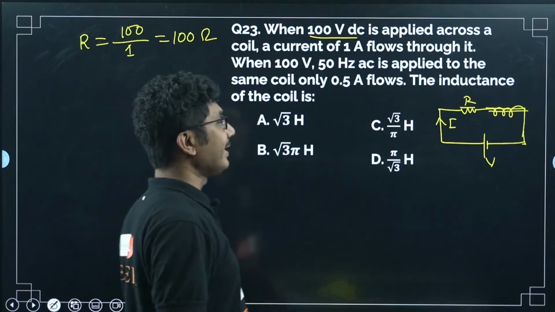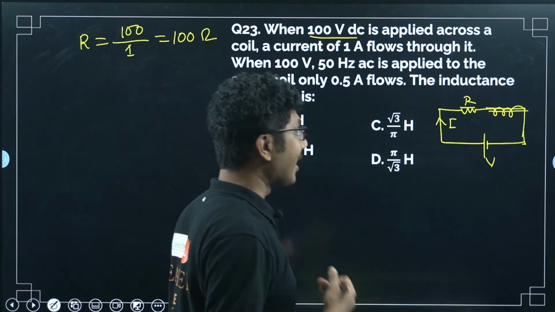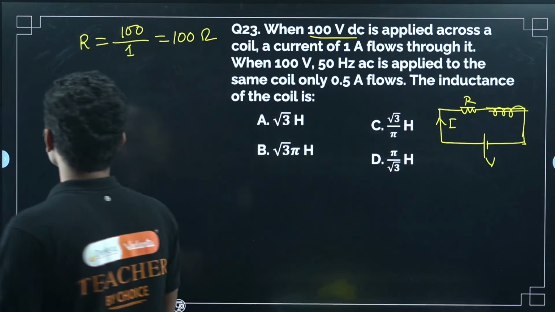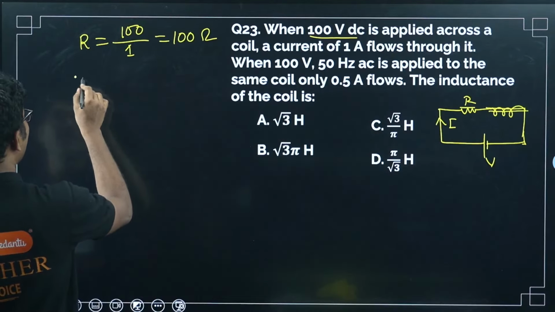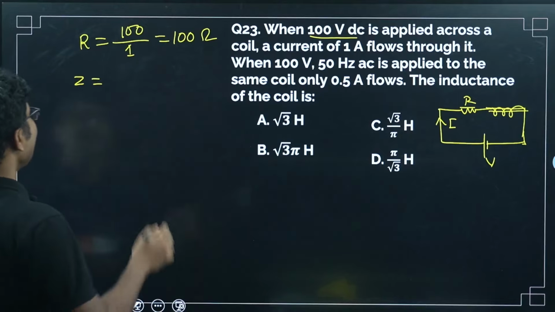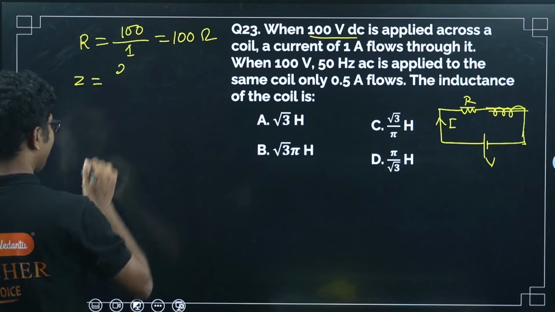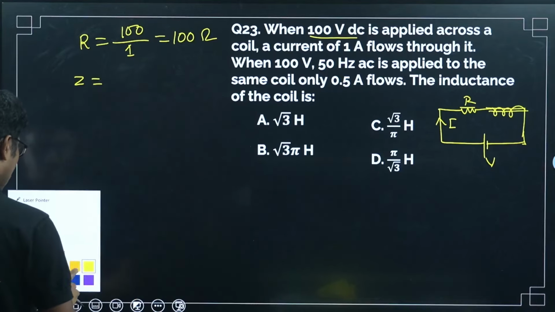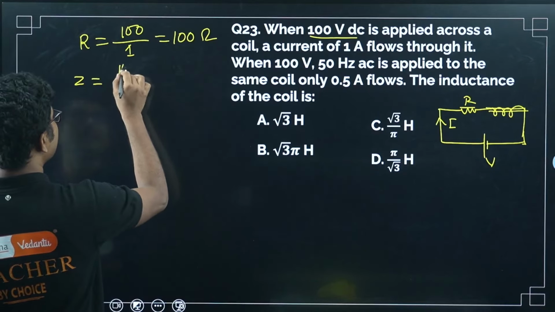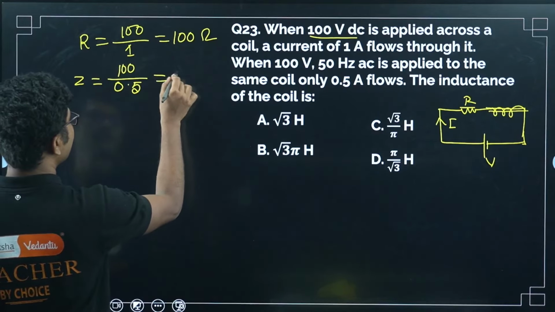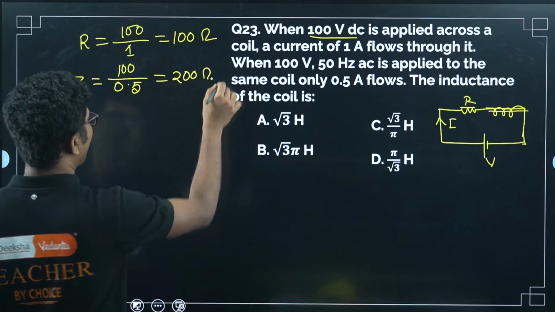Now next, when you have connected it to an AC of 50 hertz, then that time you have to consider the impedance of the circuit. The formula will be the same, but instead of resistance, now we have to consider the impedance. So impedance is 100 divided by 0.5, that is 200 ohm.